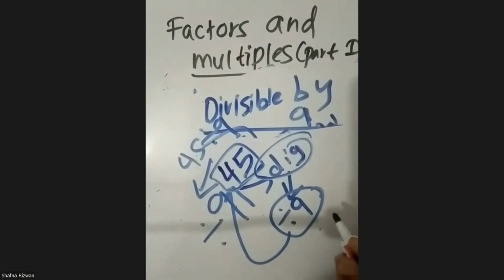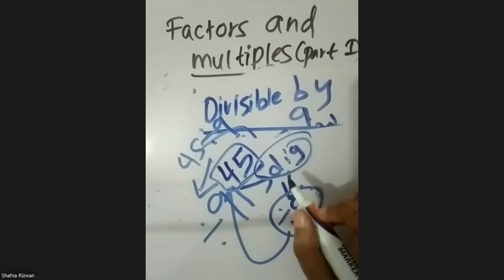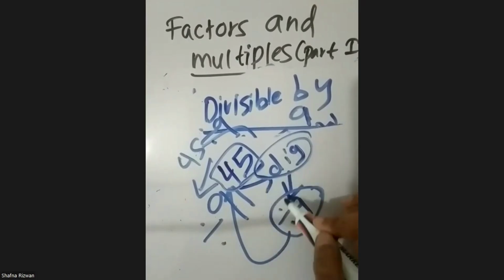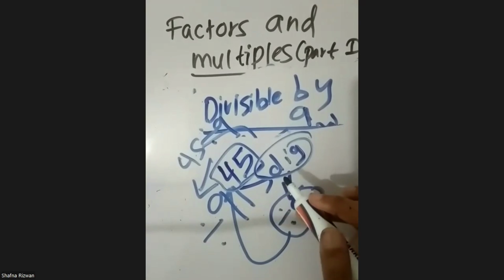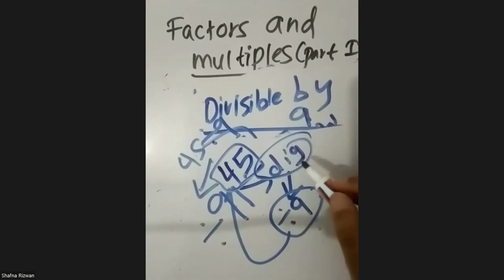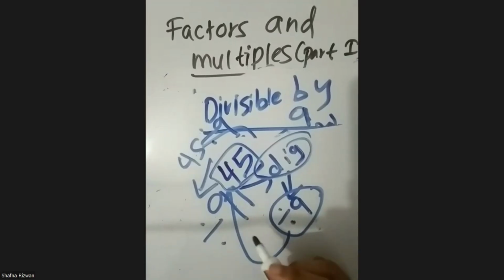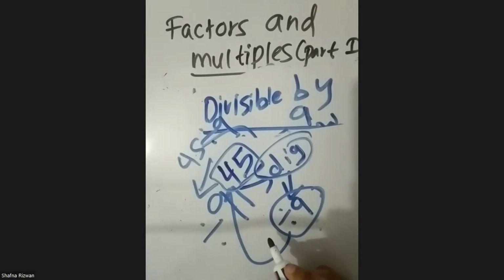Yes, you can do that, but this is a small number, and they won't give you a small number all the time. So you have to take the digital root so that it will become easy. Always we have to try to make something easy, right? An easy method in maths, exactly. You cannot divide everything. You can divide 45, but can you divide big numbers like 2335145635?